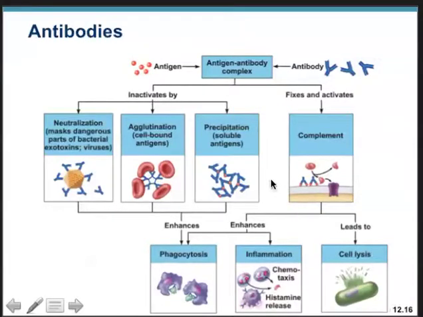You can see an example of agglutination here. And precipitation, which you can see here. I'm sorry, this is precipitation, this is agglutination, but the idea is the same. With agglutination and precipitation, you produce such a large complex of antigen and antibodies that it's easy pickings for a wandering macrophage to come by and destroy it, knock it out, wipe it out.